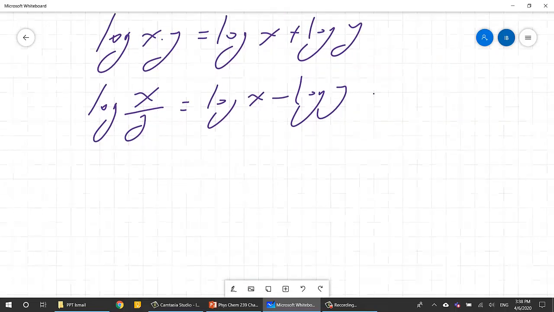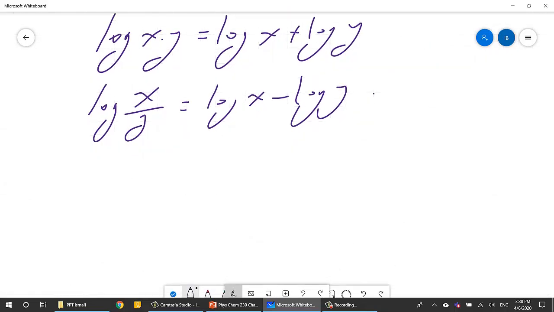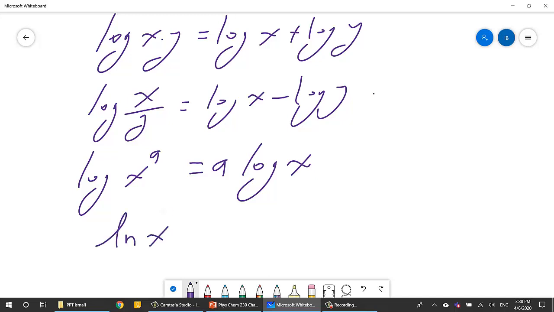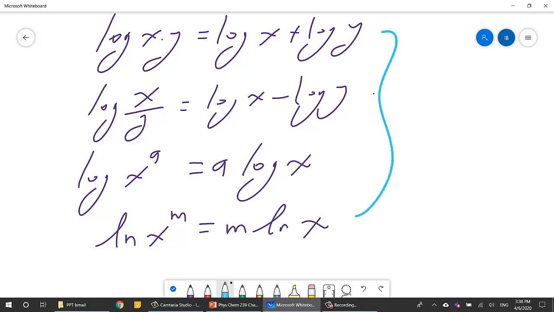We have another rule that says log x power a, this a goes to the outside and this becomes a log x. This also applies to ln, so ln x power m, for example, is equal to m ln x. We're going to apply these rules as we go, so just remember those, okay?